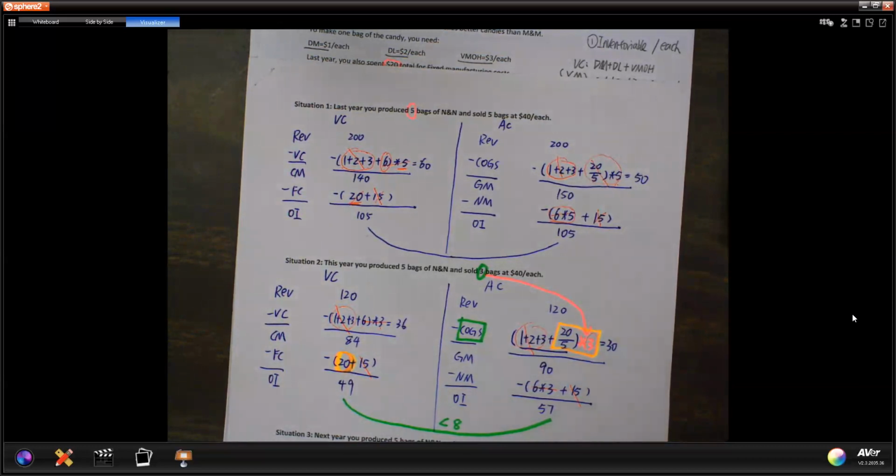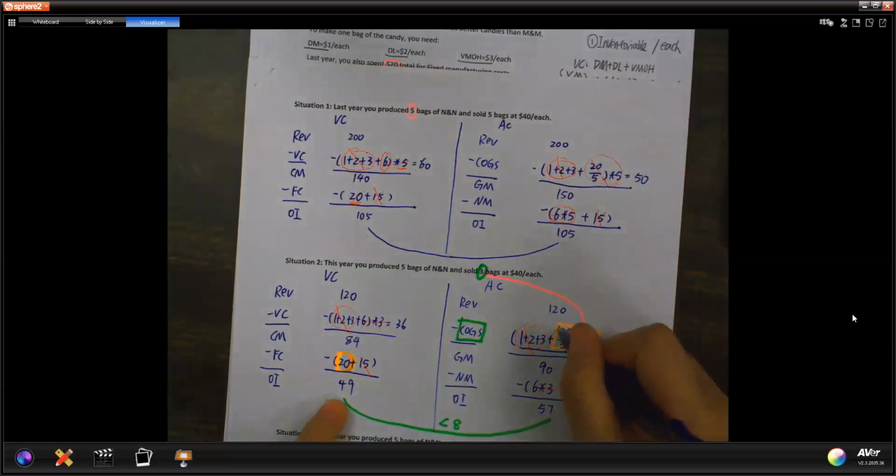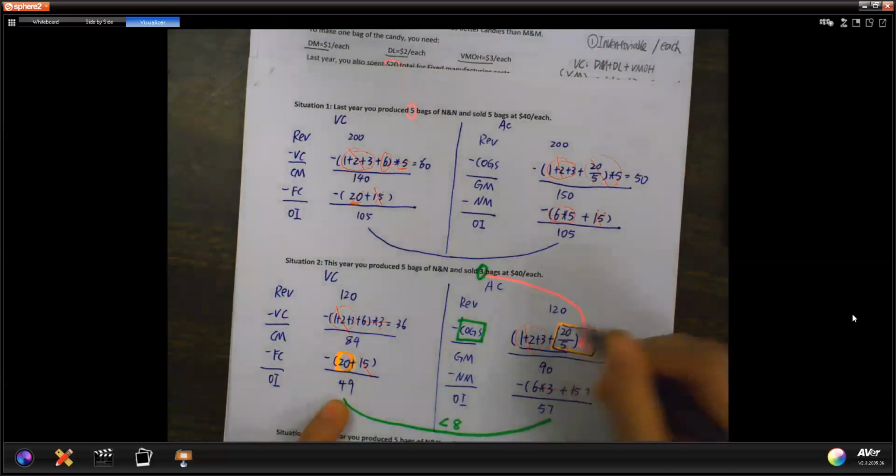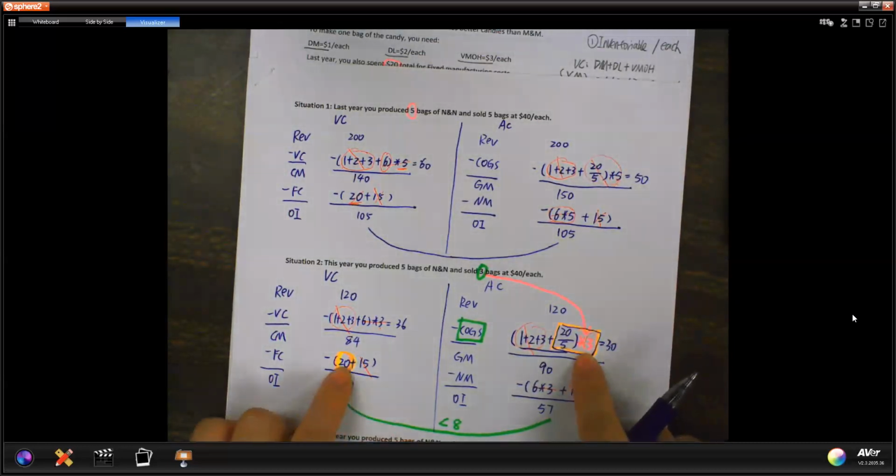So your cost of goods sold is only 60%, 3 out of 5 of the $20 can be expensed as cost of goods sold. So you only have expensed $12. Here you expensed $20.